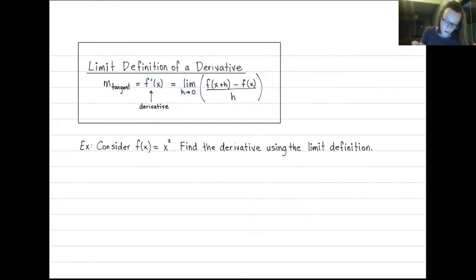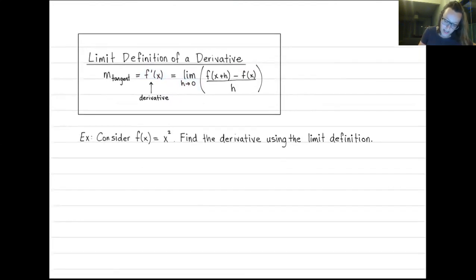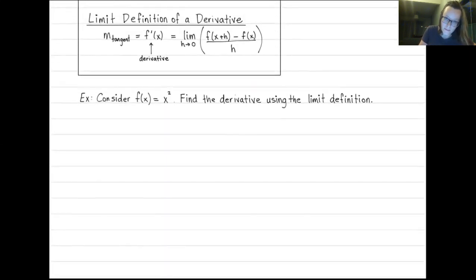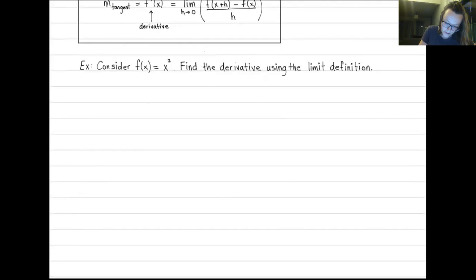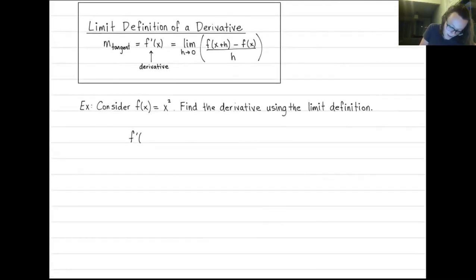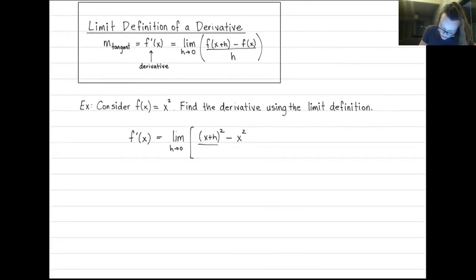So let's say I wanted to work out the derivative, and I'm just keeping this function exactly the same for now. f of x is equal to x squared. Let's pull up this derivative so you have it. It's moving around on me. Okay, here we go. So the derivative here is the limit as h goes towards 0 of, and then we're going to plug in, so our function is x plus h squared minus x squared over h.